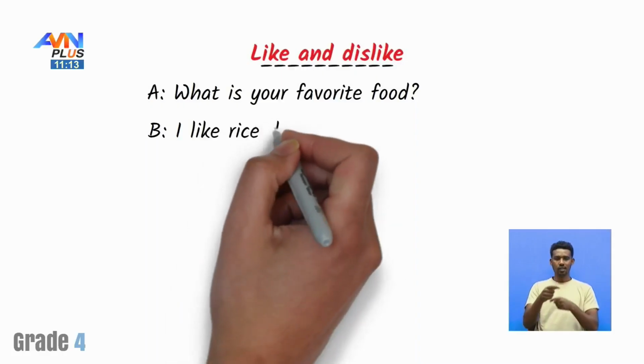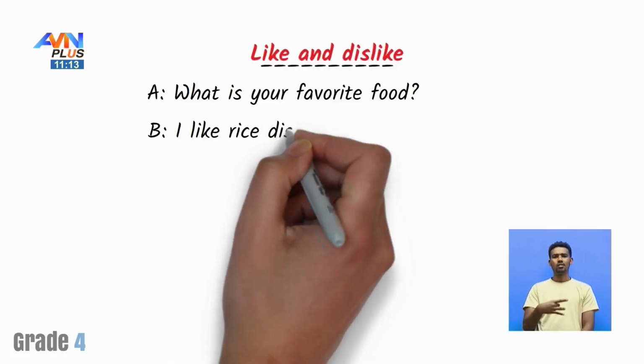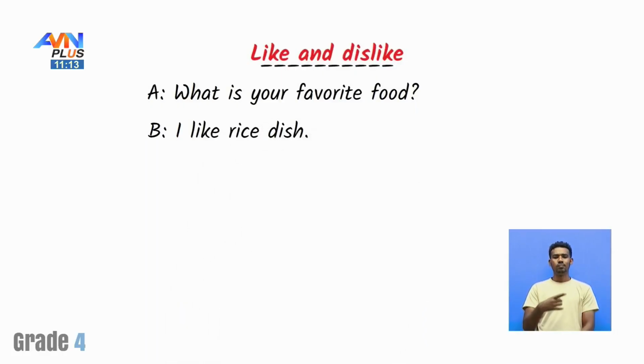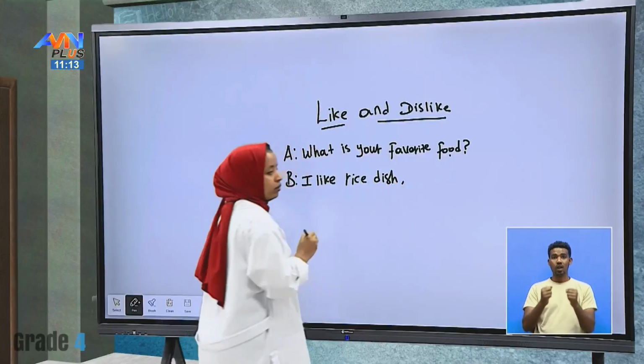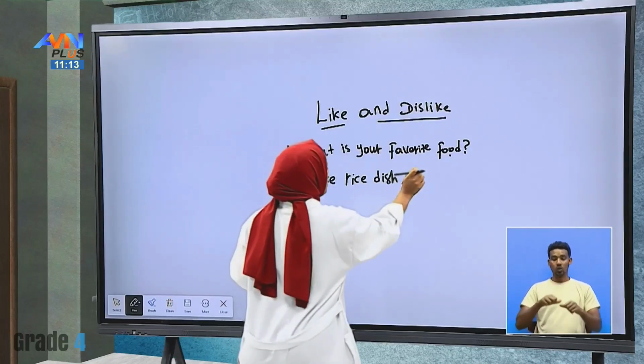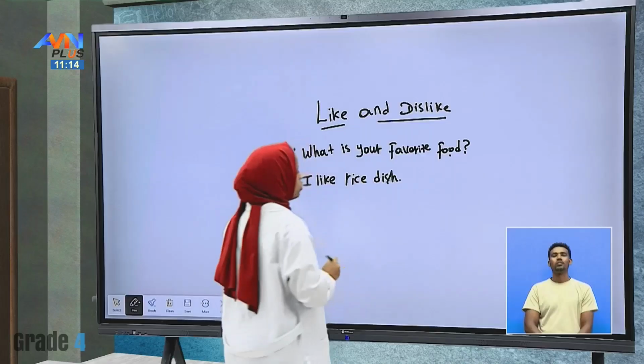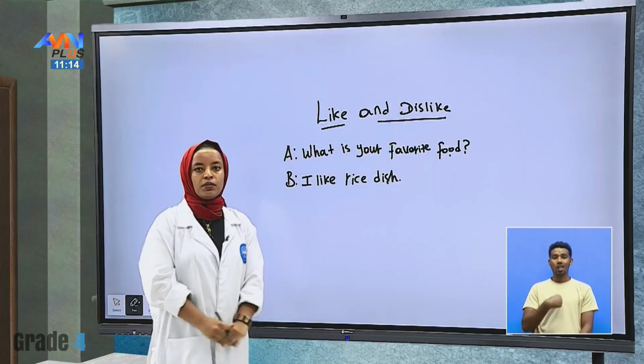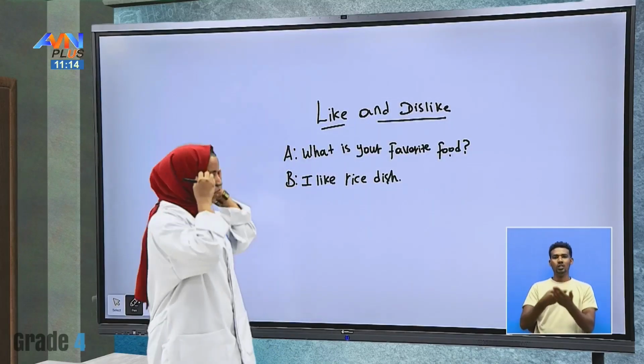Student B said what? Which is positive. I like rice dish. We can use a comma here and continue the sentence, but for now, full stop. I like rice dish. Let us continue here.